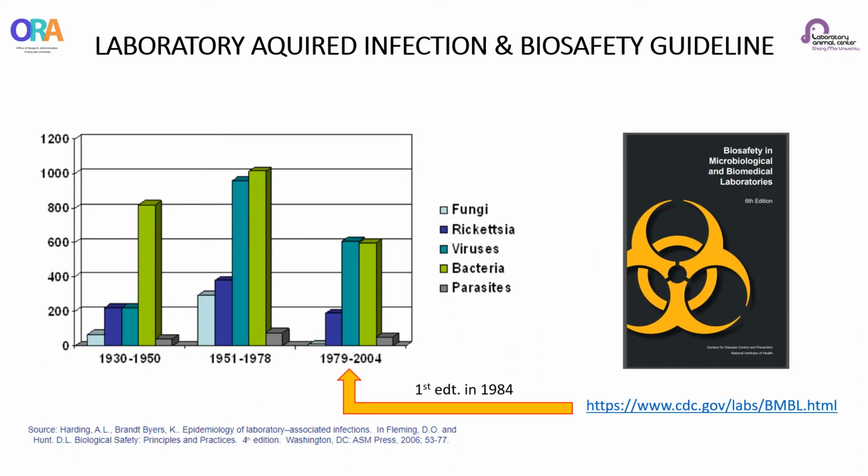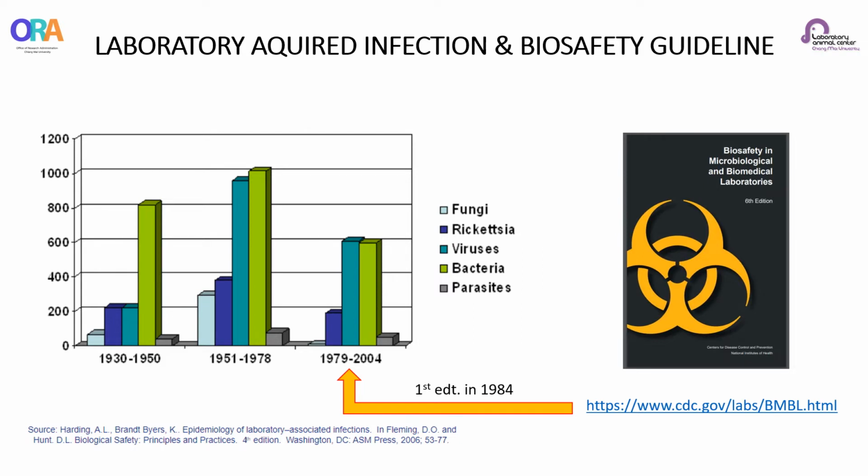In the following years, several other groups attempted to document the rate of LAIs. One emerging realization was that there was no single source of practice standards or guidelines provided to workers that detailed how to work with pathogens safely.